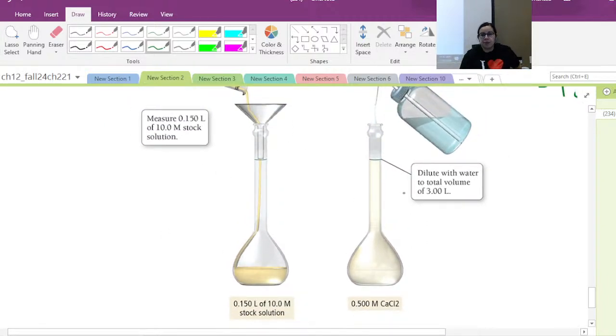Now we're using a 3 liter volumetric. Then I'd probably dilute it a little bit, shake it up, and then finish diluting it all the way, and then invert it some more to make sure it's all mixed and homogeneous. And again, you go very precisely and slowly all the way to your 3 liter line.